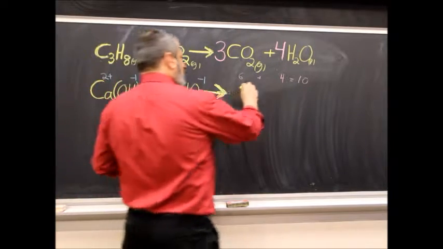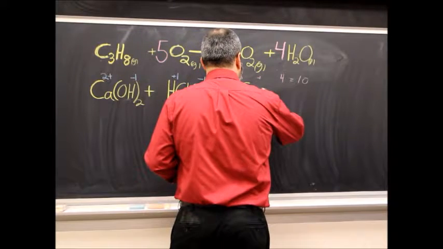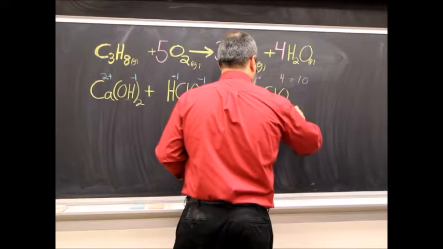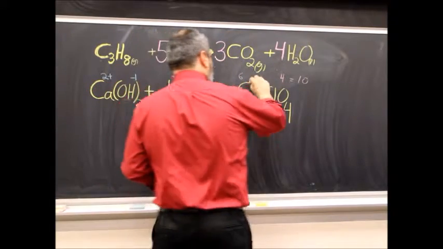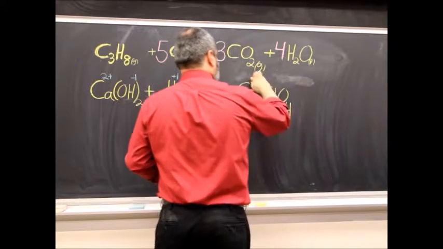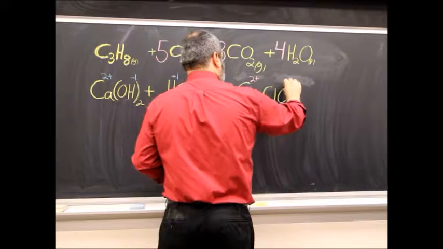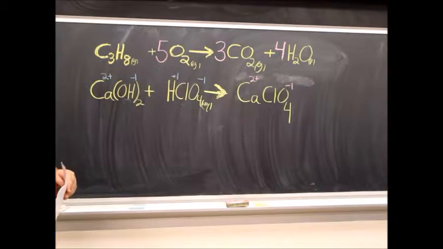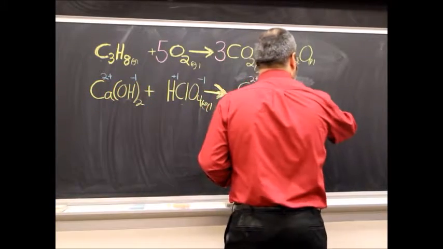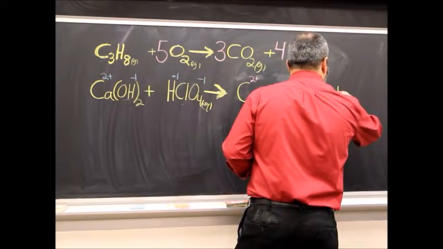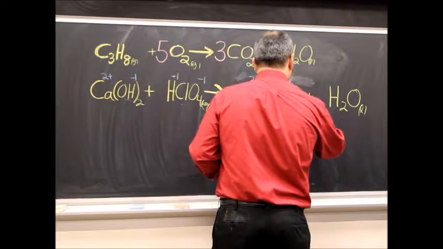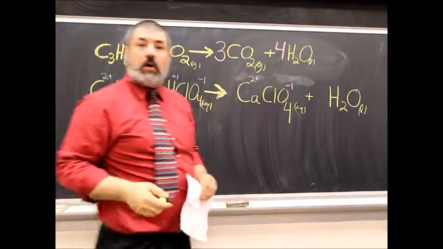So, and I'll put the charges in, again, with a different color. Just to highlight that. So perchlorate has a -1 charge, but calcium has a +2 charge. Before I fix that, aqueous. H2O is our other product.